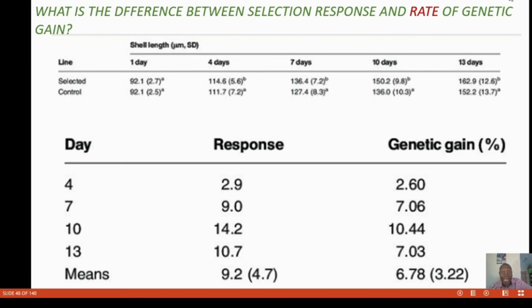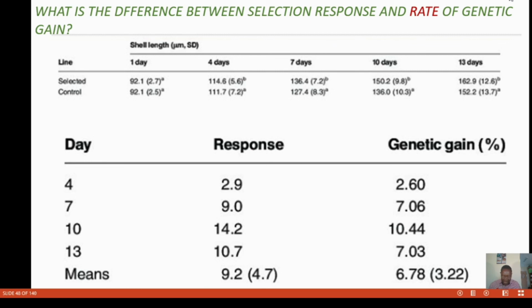So in the calculation of the response, you can see over that time, the response had a mean of 9.2. And you can see the changing values of the selection response. It is not the same as the genetic gain, because you can see the rate of genetic gain is actually differing, 2.9, genetic gain was 2.6%, response at 7 days was 7.06%.